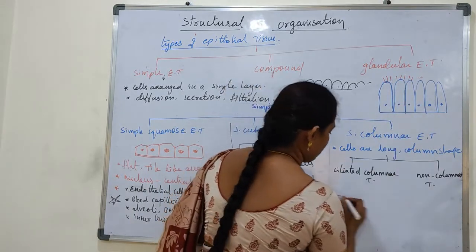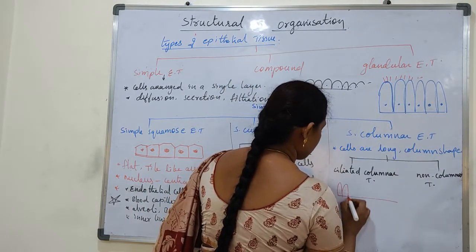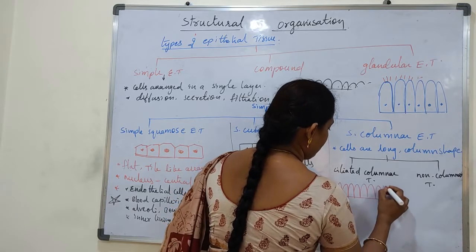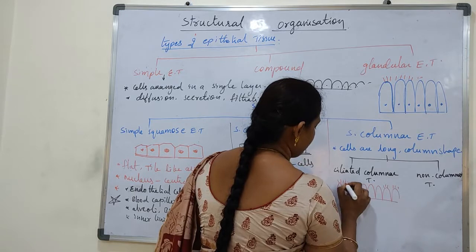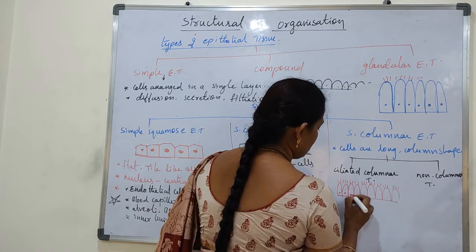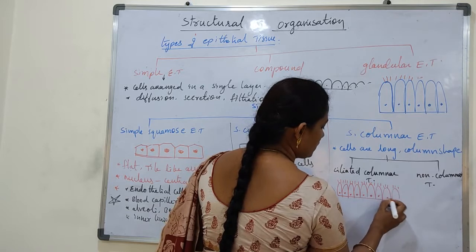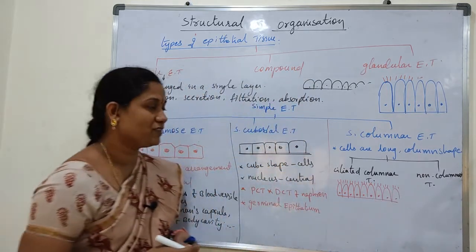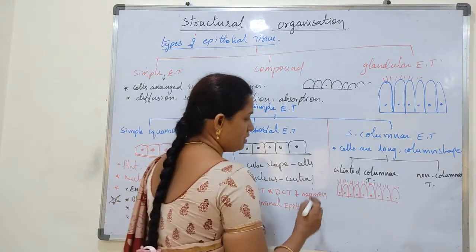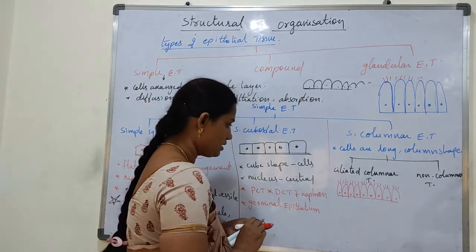We'll draw it here like this. Next, in ciliated epithelium, the nucleus is present at the base of the cell. Cilia are present, that is called ciliated epithelium.